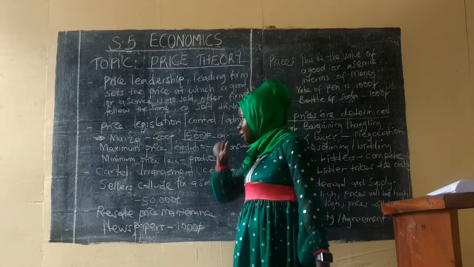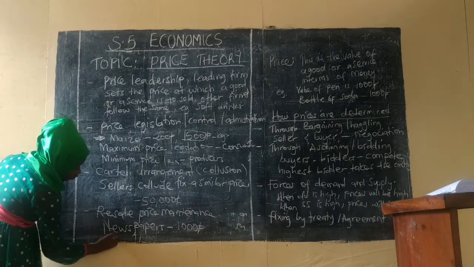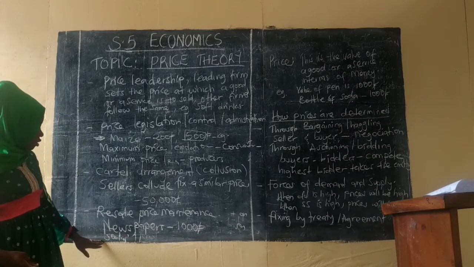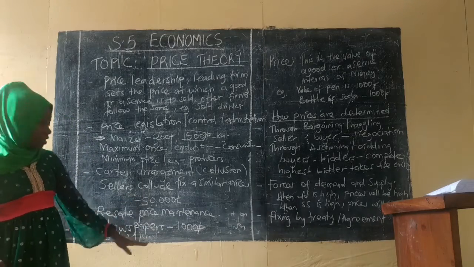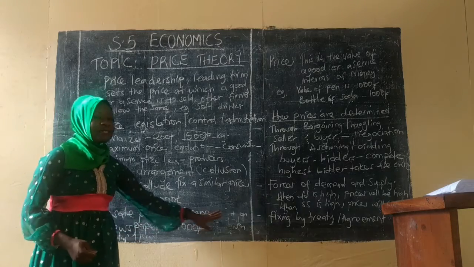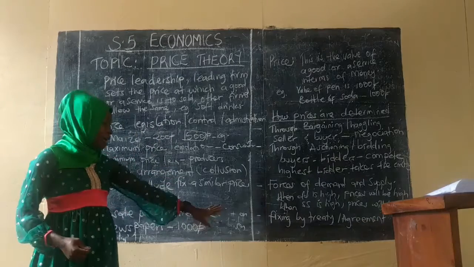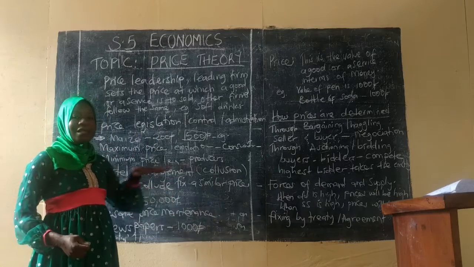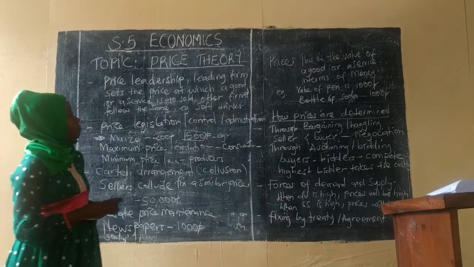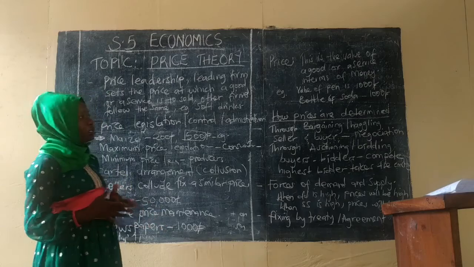We have newspapers, we have also some soft drinks, sodas, where the price is labeled. So you can find more examples of resale price maintenance, but we simply look at prices being labeled straight away from the companies, from the manufacturers, and then these same prices are the ones to be sold to the final consumers.